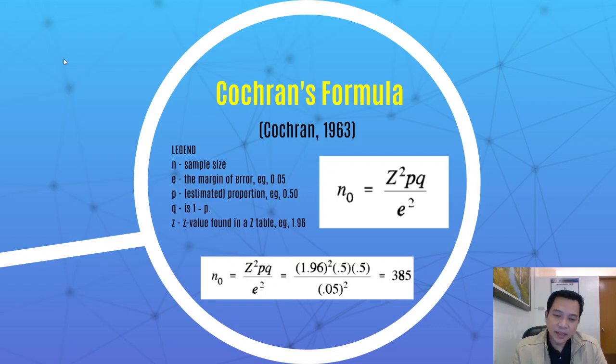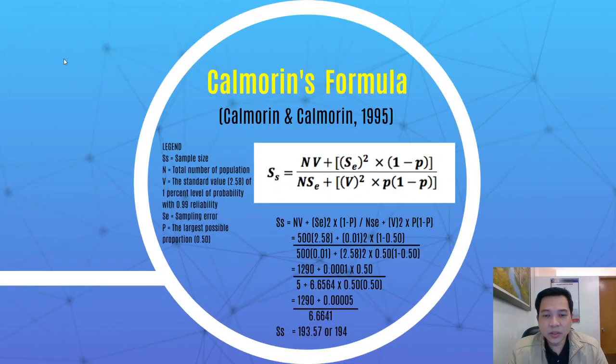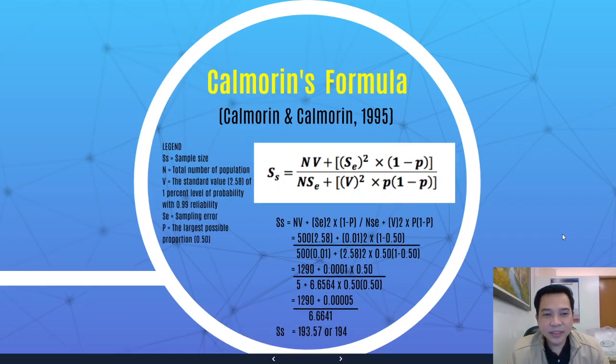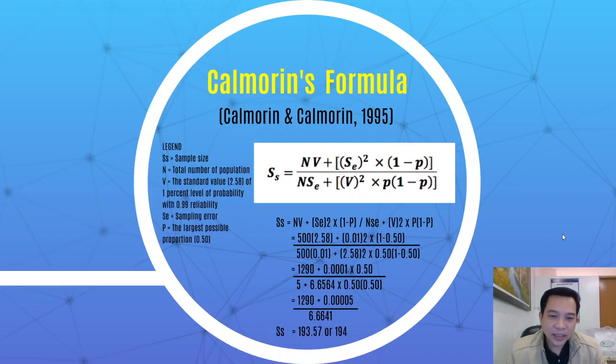Okay? And the third, which is also becoming prevalent in most of the local or Philippine studies. If you see Calmorin's formula, you'll notice here it's a little, let's say, more extensive in comparison to the previous two. But it will also help you identify a more specific, detailed and more reliable, in a sense, sample size.